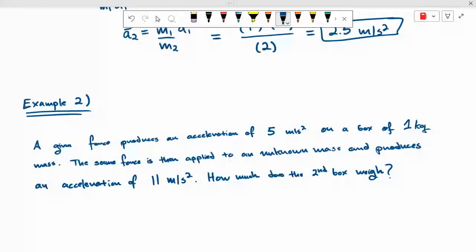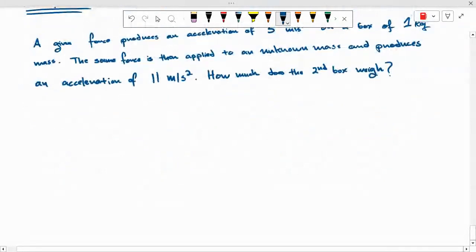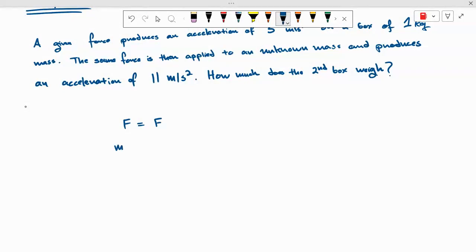Yes, that is true. It is 5/11. So let's quickly run through that. We have, again, the two forces are equal. The mass of the first one was 1.